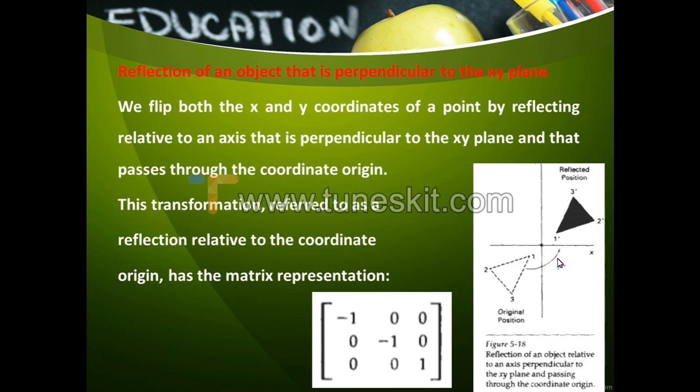So this transformation is referred to as reflection relative to the coordinate origin, and the matrix representation is as follows. We take the axis relative to the xy plane, so we flip both the values of x and y. That's why we are putting a minus sign with x values and a minus sign with y values, right class?